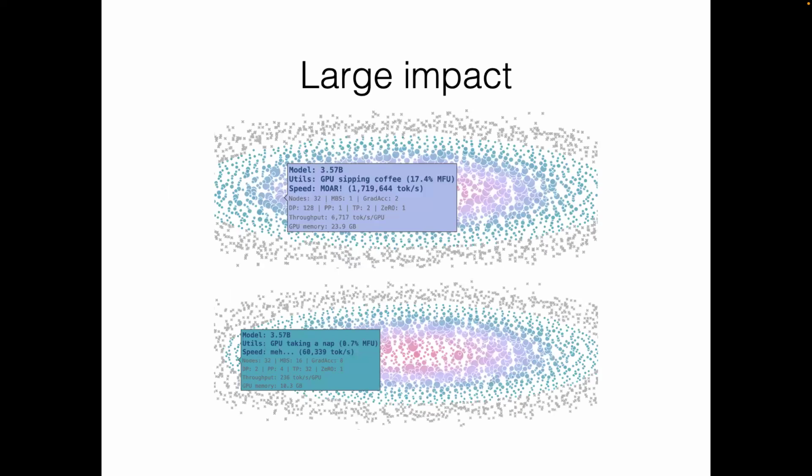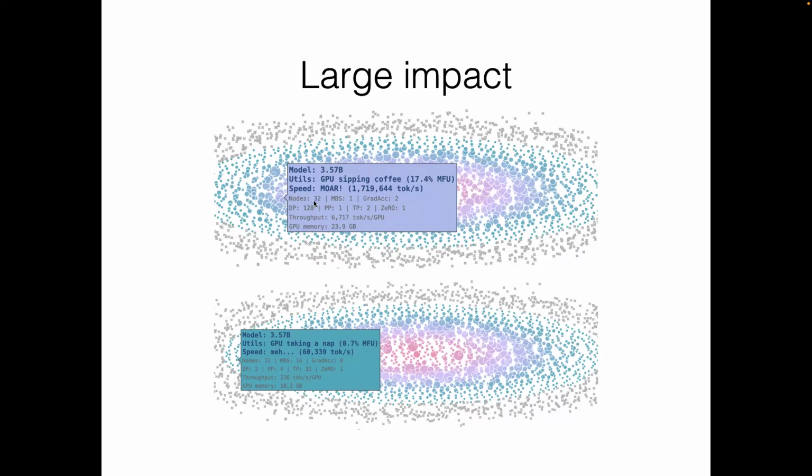And then again, here's just some broad overview, but it turns out that these things can have a large impact. So let's take a look at what is here. This is stuff that we'll go over today, and hopefully you'll have a good understanding of what's on this image by the end. But even without understanding what's going on, each dot is a different kind of configuration for the training.